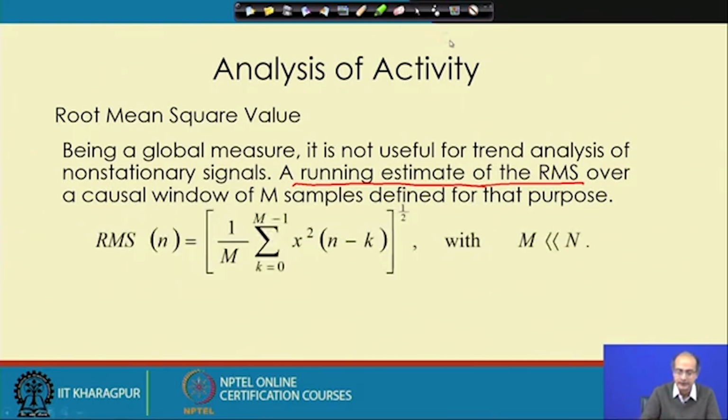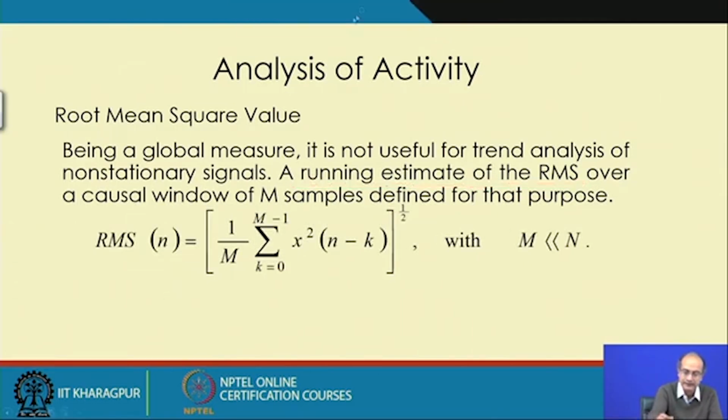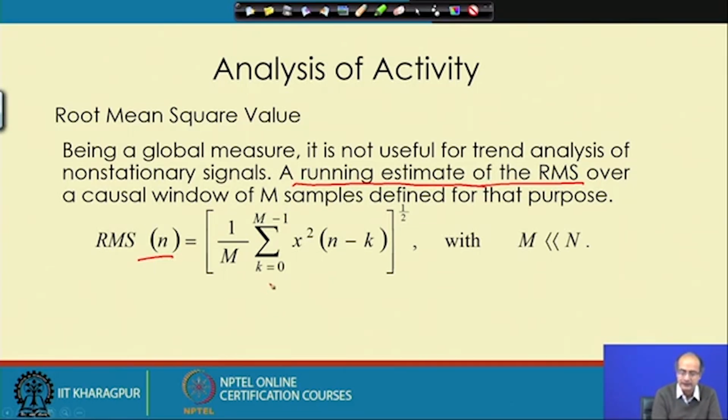What we have is the RMS at instance n, given as the sum over M samples only, starting from n and moving backward.